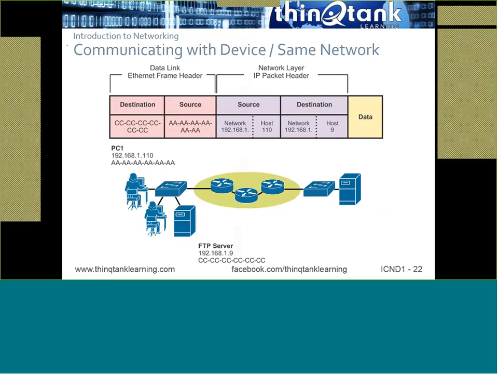When we're communicating with devices within the same network, what essentially do we need to be able to do that? The only thing we need to communicate to devices within the same network is a MAC address, because the only type of device that we're going through to reach the destination is a switch.